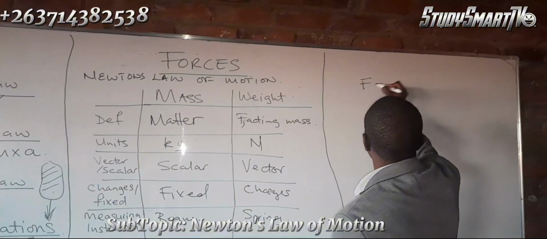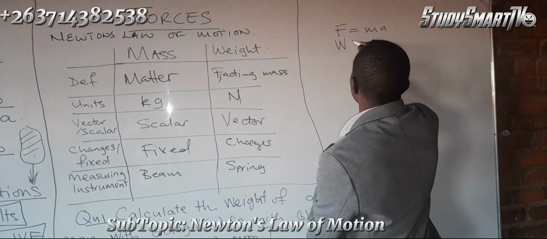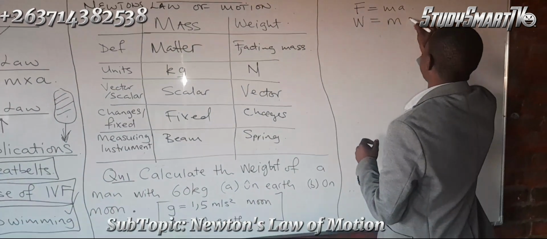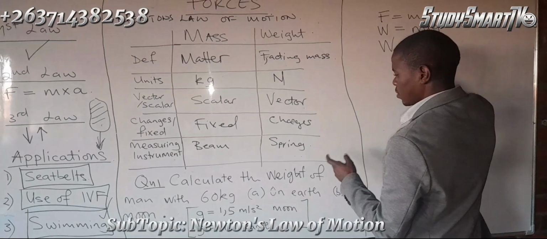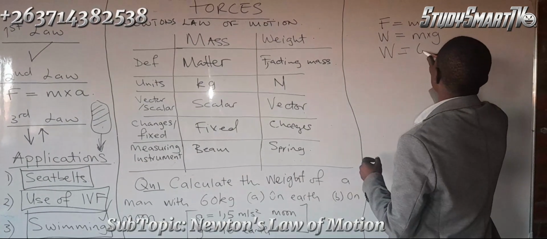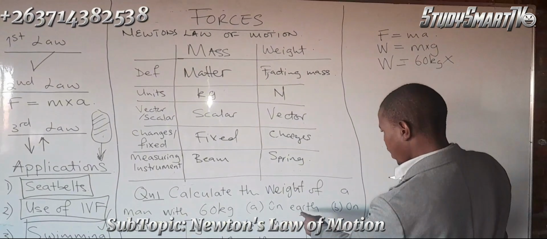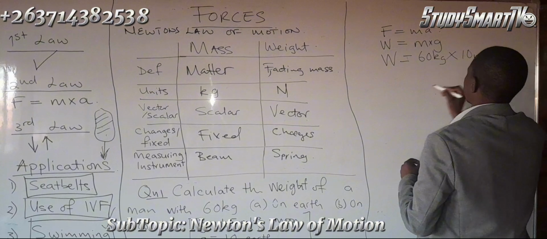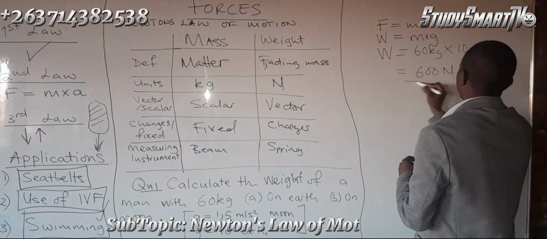We say force is equal to mass times acceleration. Weight is also a force, equal to mass, but our acceleration is now represented by g, gravity. So the weight of this person is going to be 60 kg times our gravity on the earth, which is 10 meters per second squared. This is going to be 600 newtons on earth.